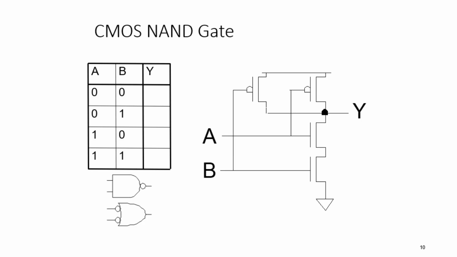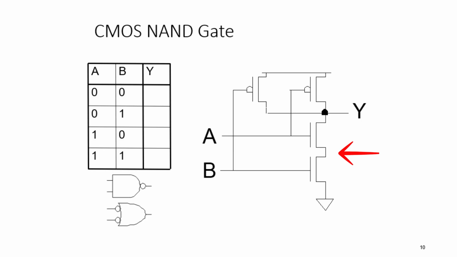As you know, when a circuit is connected in series, if one component is open, then the whole path is open, and there is no path for current to flow. So when either one of the transistors is turned off, the whole network is turned off.